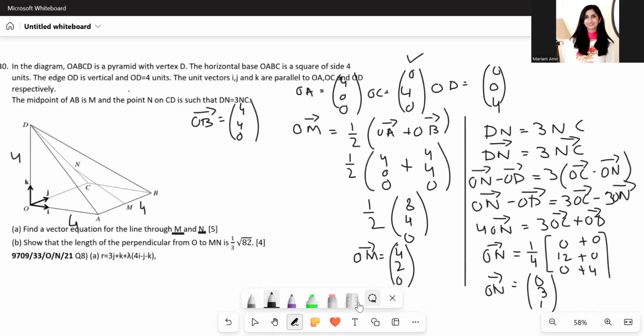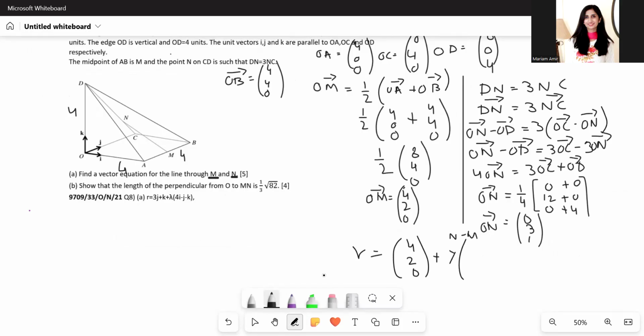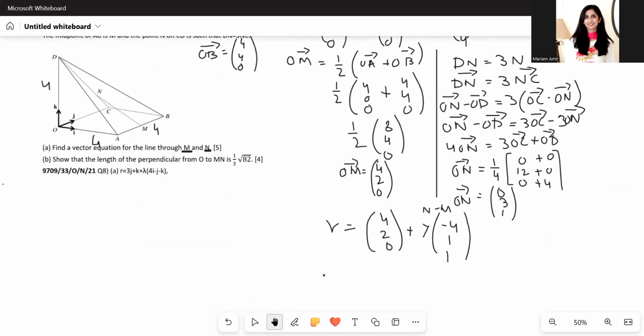All right. Now I need the vector line passing through M and N. So that's now pretty straightforward. We'll do r equals, I'm choosing the coordinate of M first, so 4, 2, 0, plus lambda. Now I have to do N minus M. So 0 minus 4, 3 minus 2, 1 minus 0, giving minus 4, 1, 1.